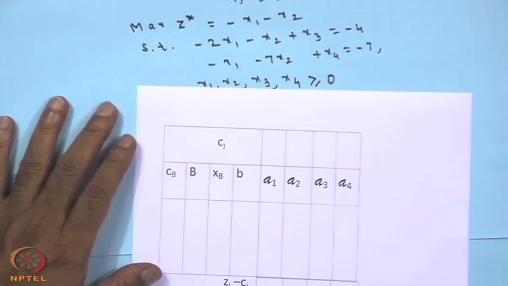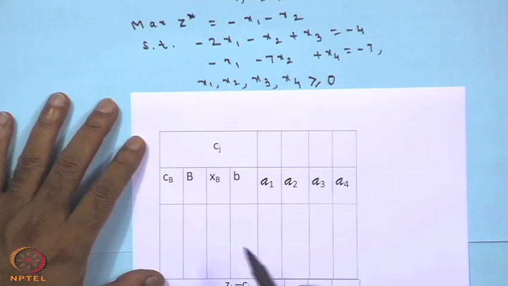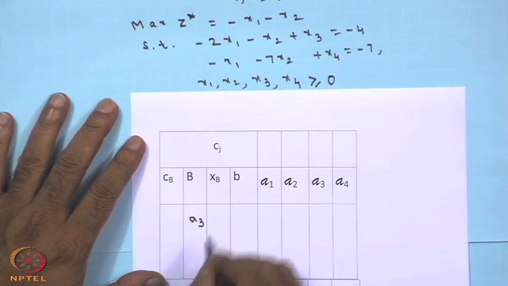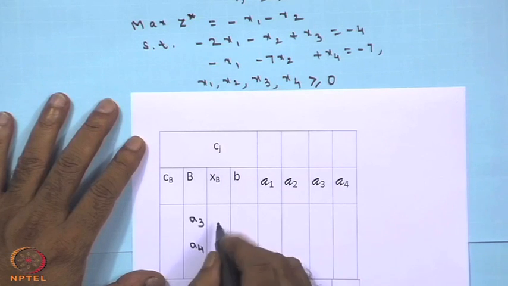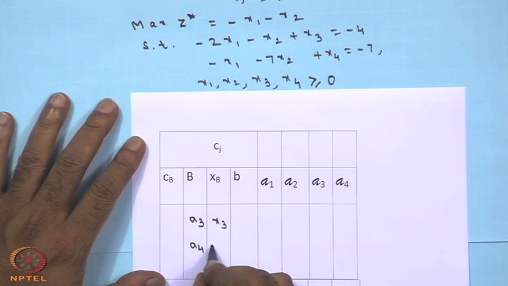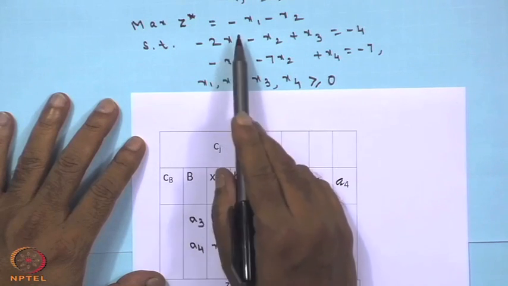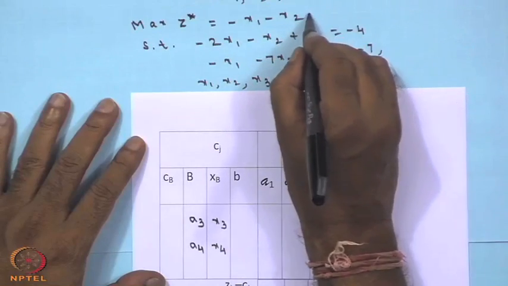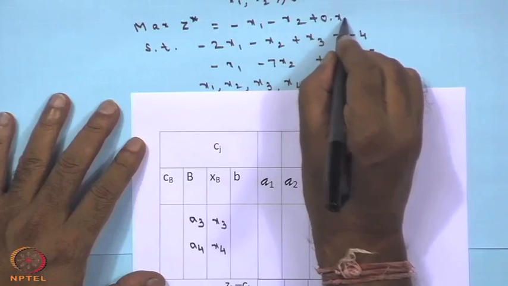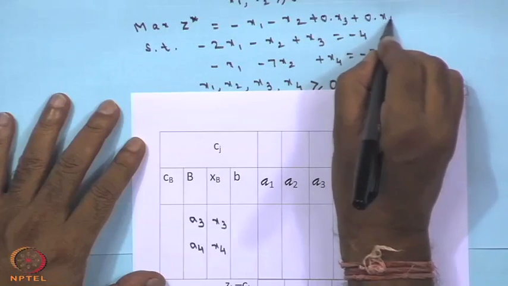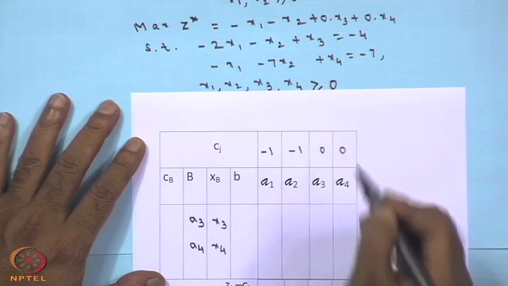I think it is visible, right. So, you can do it. Your entering vectors are a3 and a4. So, here it will be x3 and x4. Values of Cj are minus 1, and for x3, x4 you can write 0 into x3 plus 0 into x4, so that it will be minus 1, 0 and 0.